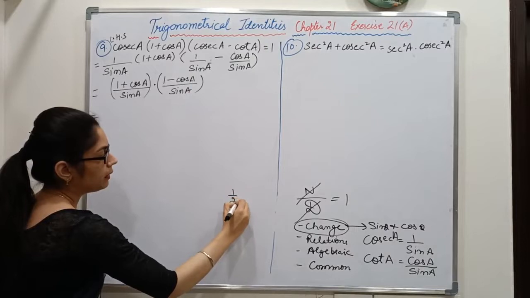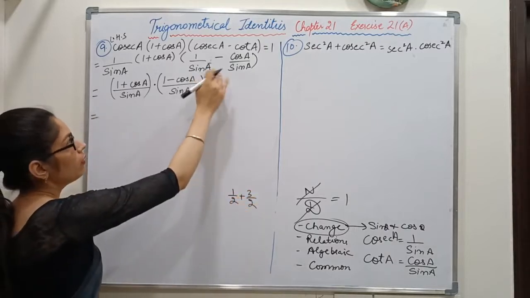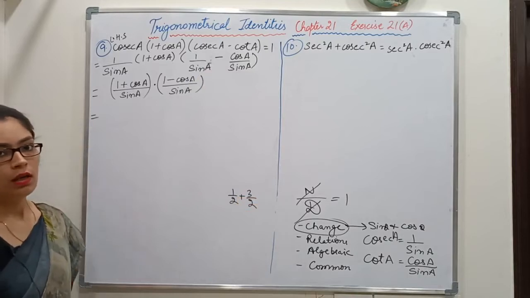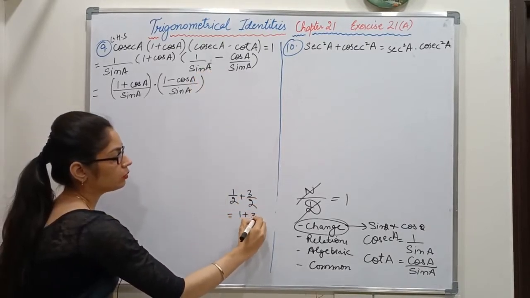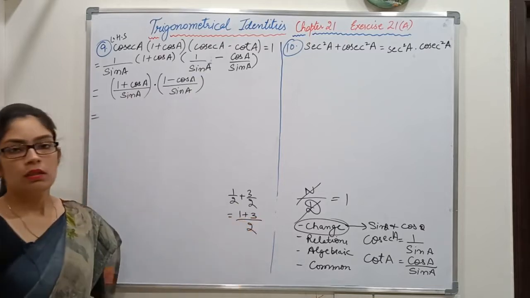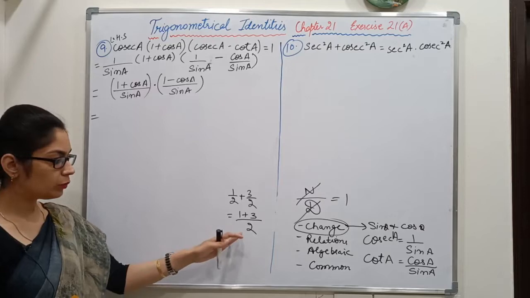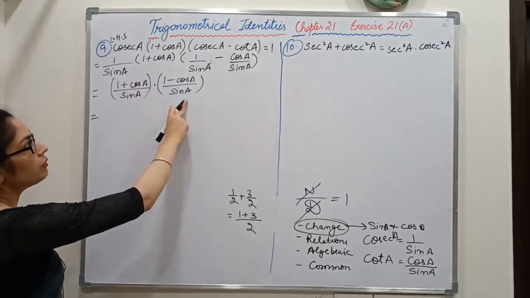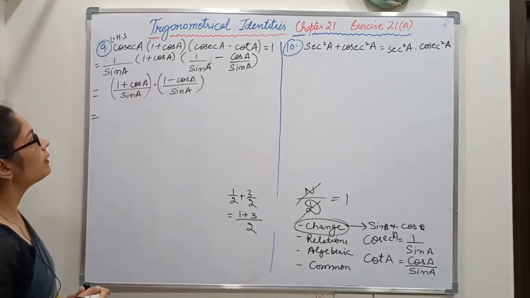Same thing, 1 by sine A and cos A by sine A, if you want to write separately. Here, different. Instead of writing it separately, we can write it together also, because it is the LCM. I have written it one single time.